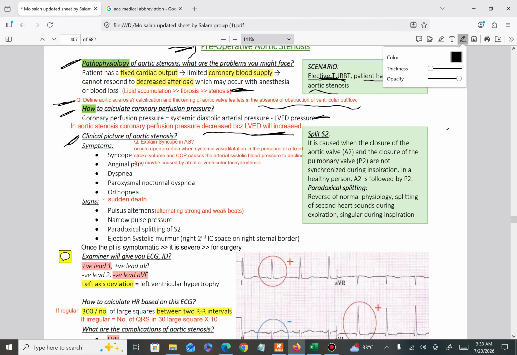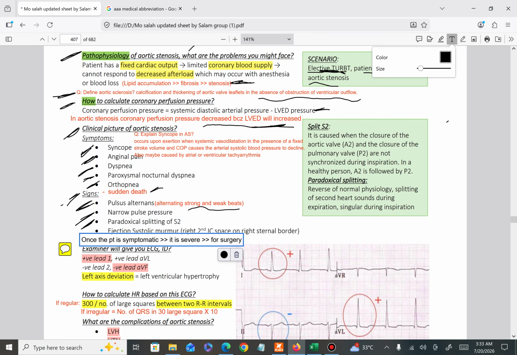Then the clinical picture of the aortic stenosis. The symptoms can be syncope, anginal pain, dyspnea, paroxysmal nocturnal dyspnea, orthopnea, and sudden death. Signs of the aortic stenosis include pulsus alternans, strong and weak beats, narrow pulse pressure, paradoxical splitting of S2, and ejection systolic murmur.